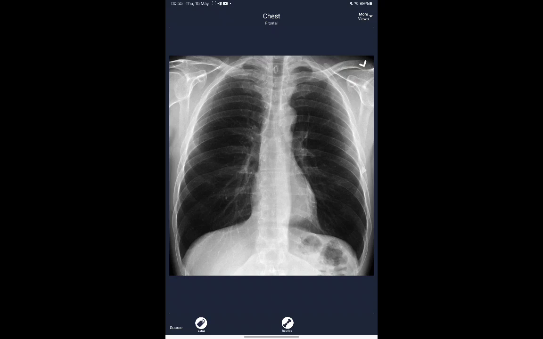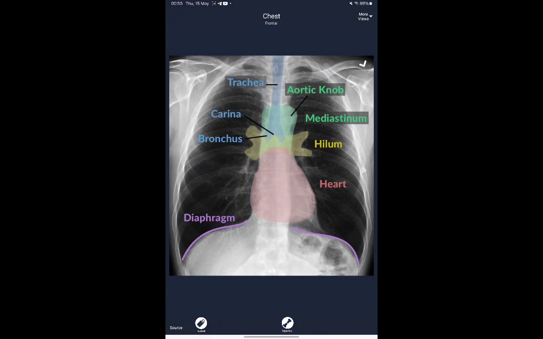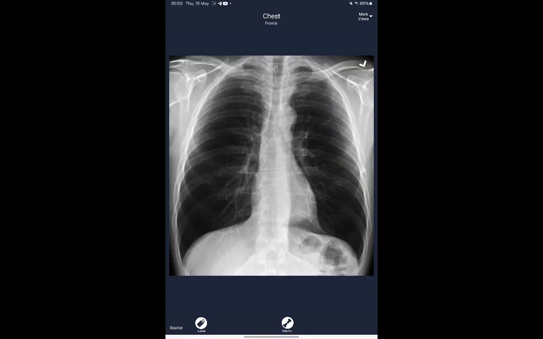Okay, this is the trachea and it divides into two sides, right and left bronchi. If we notice here, the right bronchus is more vertical than the left bronchus and wider. Again, this is the trachea and these are the right and left bronchi.